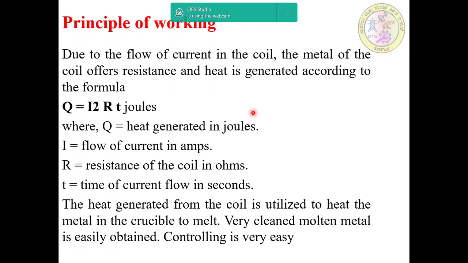In this process, heat generated from the coil is utilized to heat the metal in the crucible to melt, and very clean molten metal is easily obtained, and controlling is very easy.